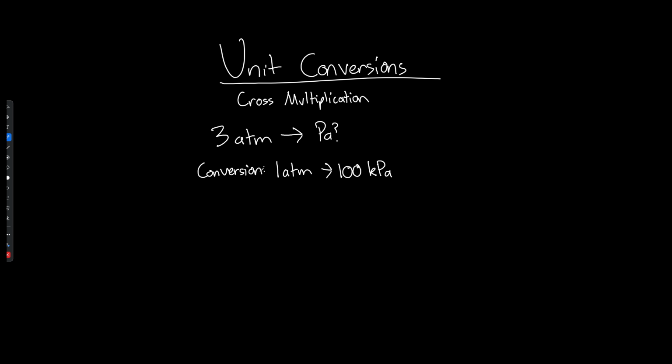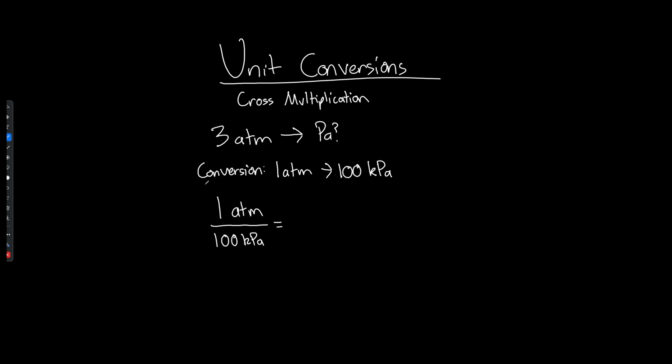So obviously in this example, you're probably quickly thinking, oh, I just multiply this number by 3 to get the total kilopascals. But if you don't see that, we can set up a cross multiplication scenario. We put atmospheres on the top: 1 atmosphere is the same thing as 100 kilopascals.